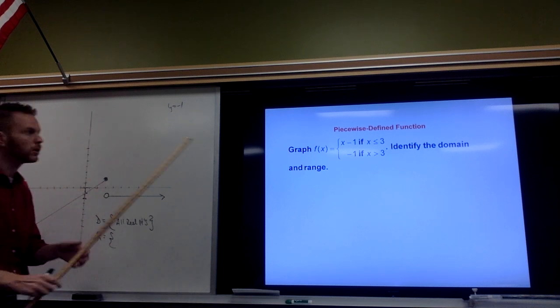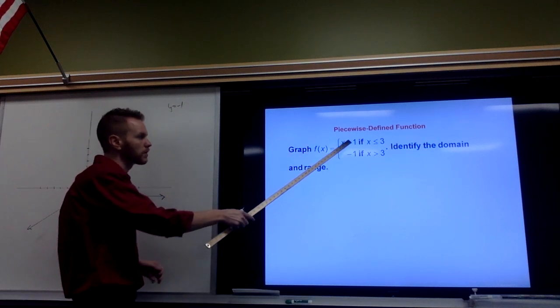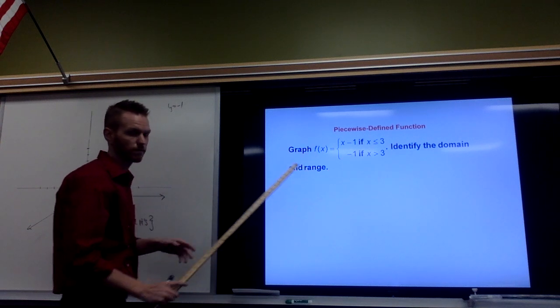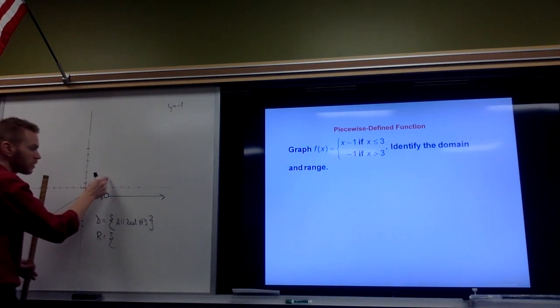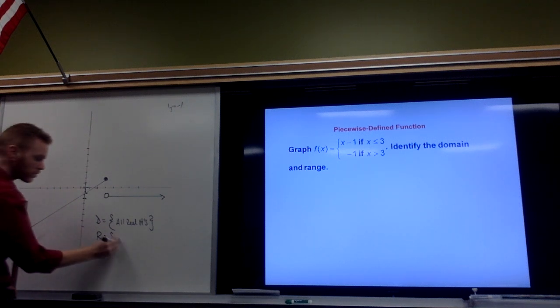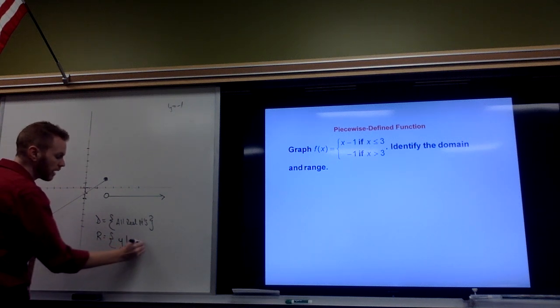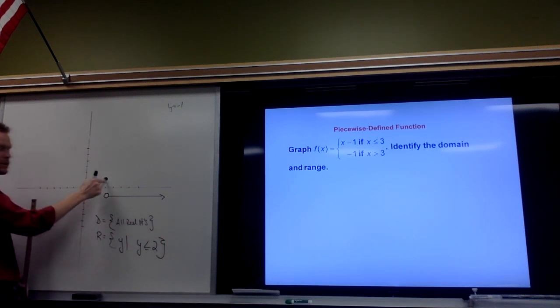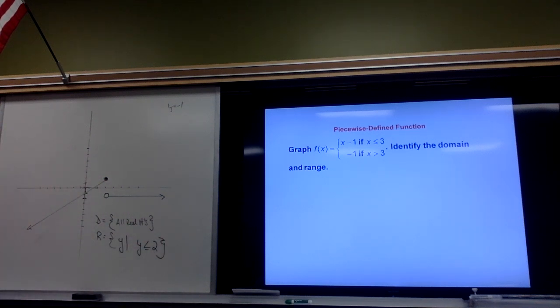I'm not looking at, well, it doesn't work for this guy, but it works for this guy. No. Domain and range, you're looking at the whole picture. So from here, do I have any y values that are bigger than 2? No. So all y values given that y is less than or equal to 2. I'm saying equal to because isn't that part of the function, right? I'm allowed that. And there we go.